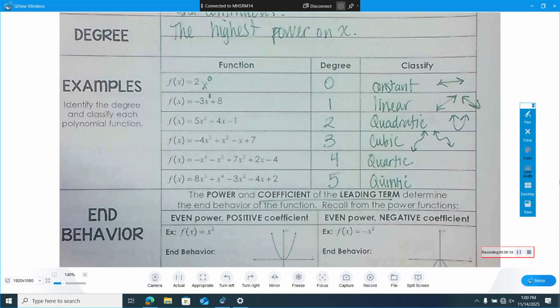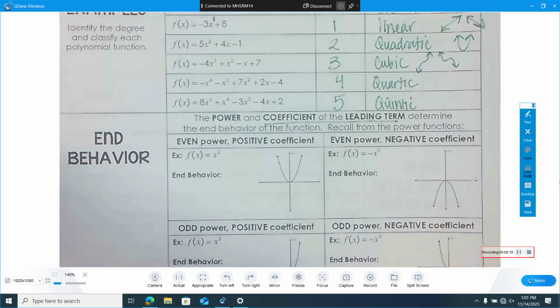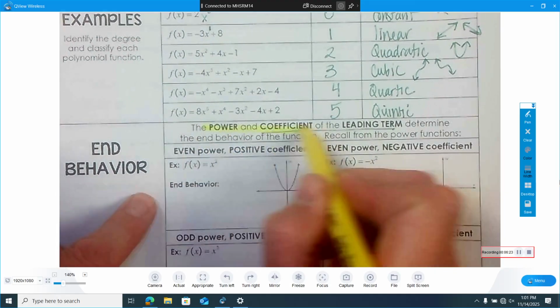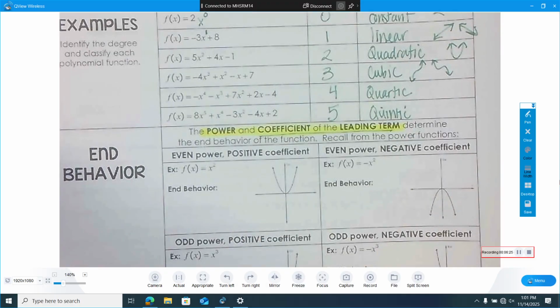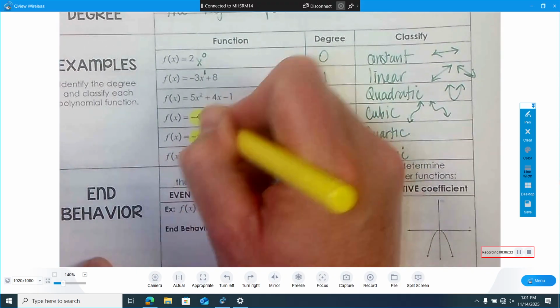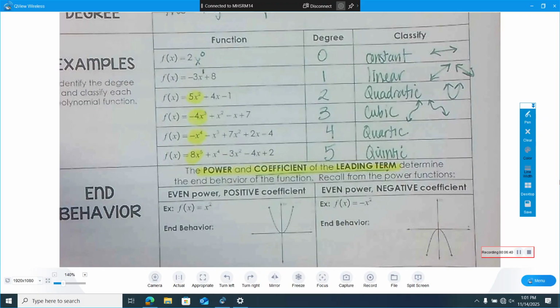So we have the same end behavior as we have in the past, and we get to tell just by simply looking at the power and the coefficient of the leading term. It tells us everything we need to know. So all these leaders are the important things here. They tell us so much information. And so we're going to talk more about that. But we've already talked about end behavior, and I don't want to do it again.